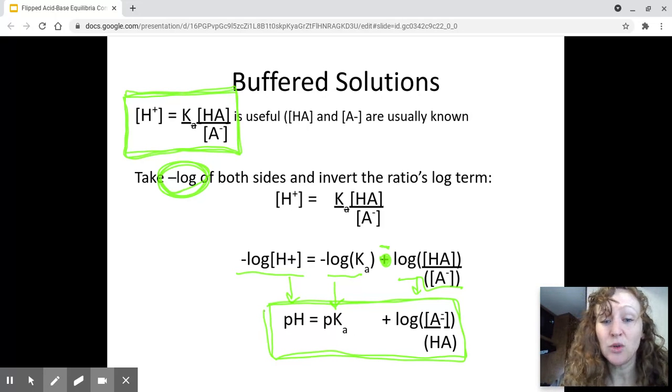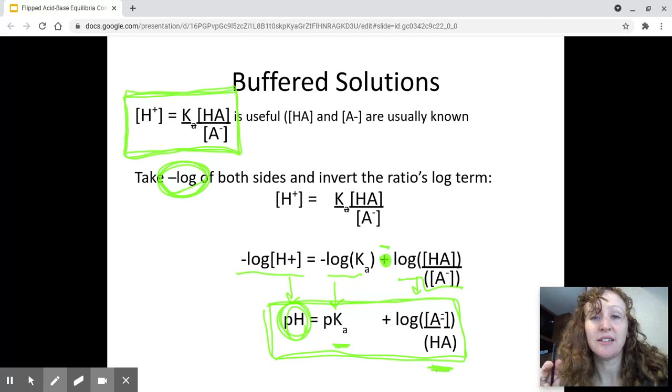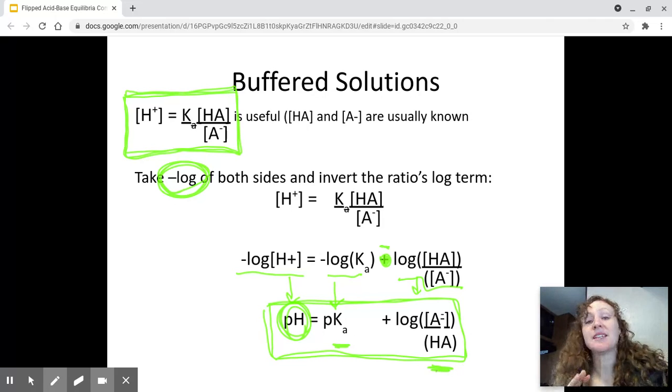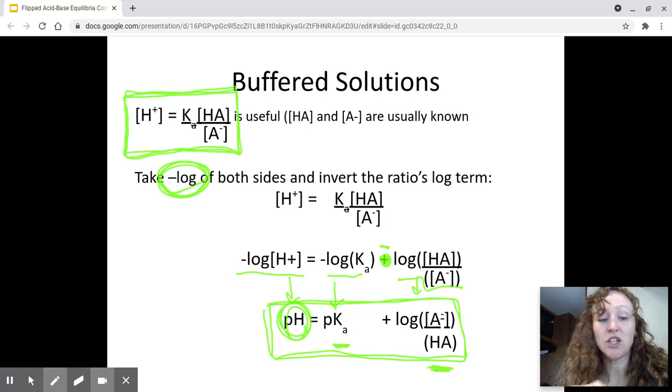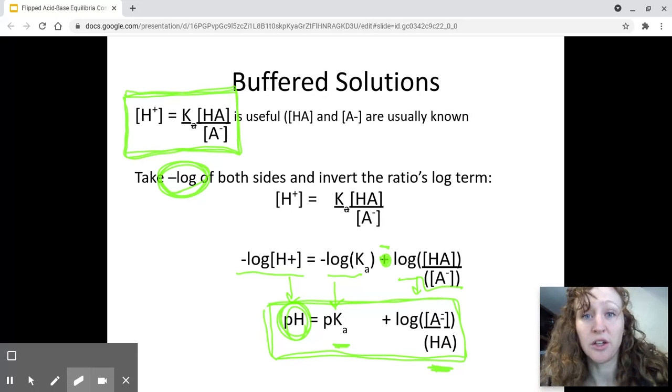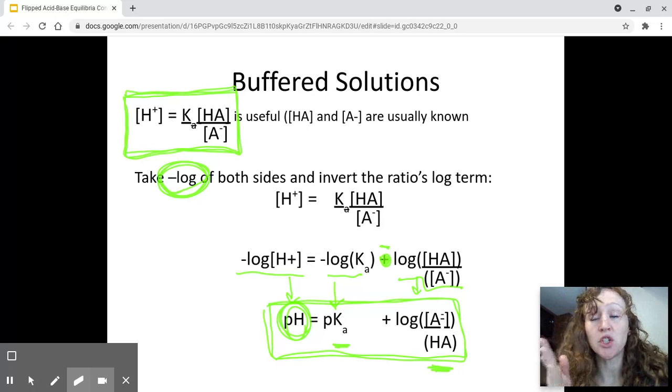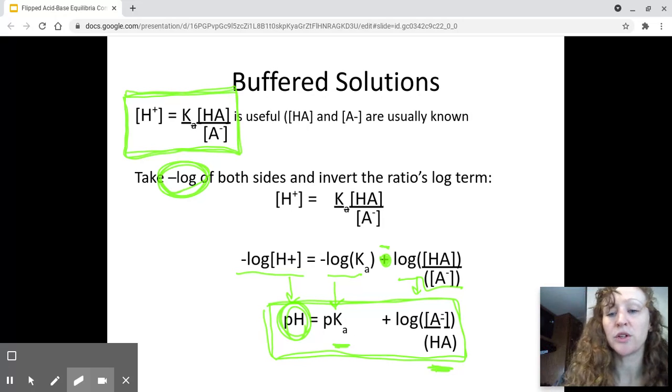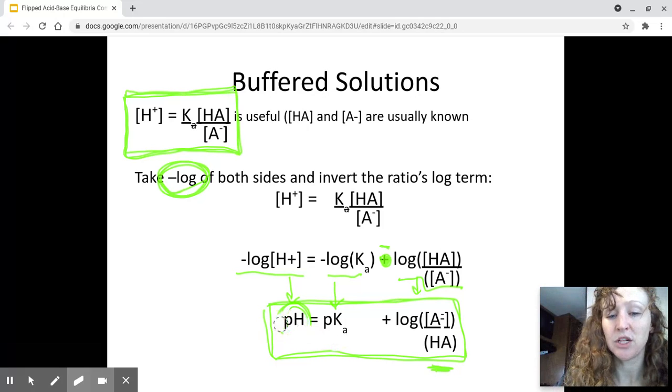Notice, you can calculate pH as long as you know the pKa and the ratio of your acid and its conjugate base. So this equation can only be used under certain circumstances, right? What kind of a solution do you have to have in order to use this equation to calculate pH?